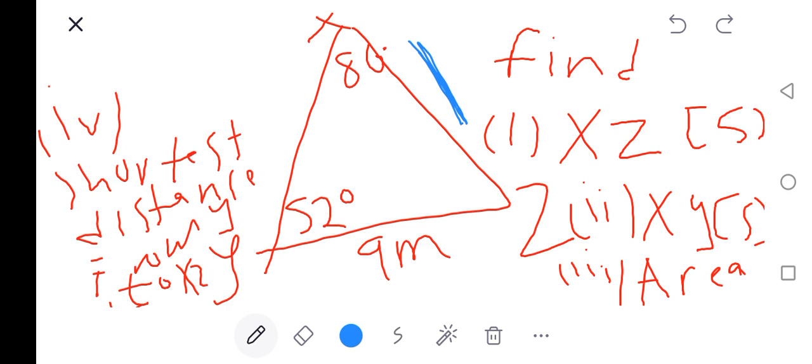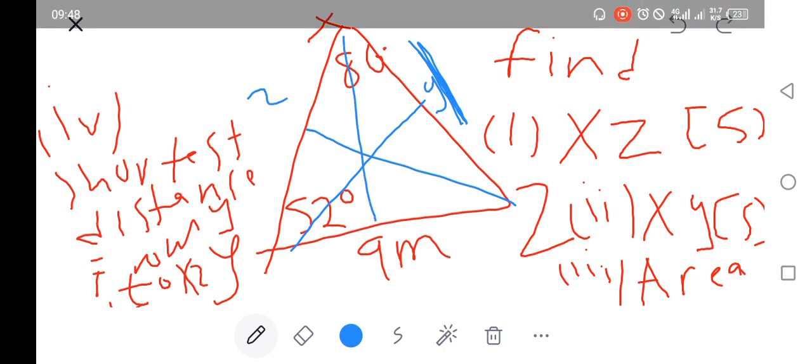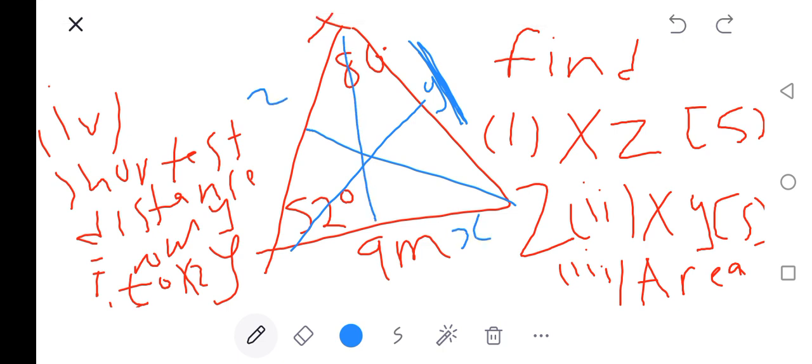Yes, over sine A. So we really need to know our small letters. We need to know that this is our y, this is our z, this is our x. Those are the things that will help us to find the side called XY. So in the actual sense, we are finding small y.